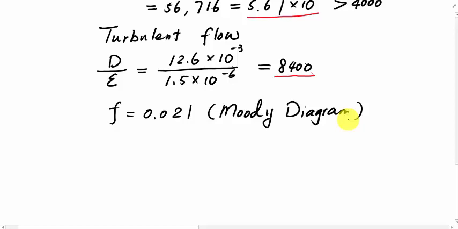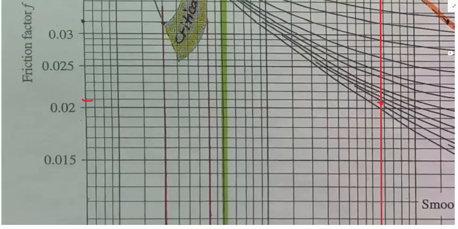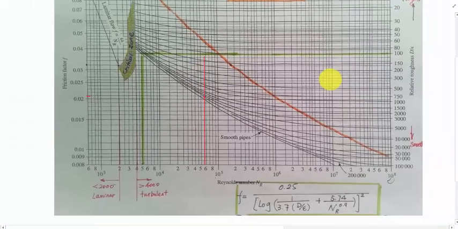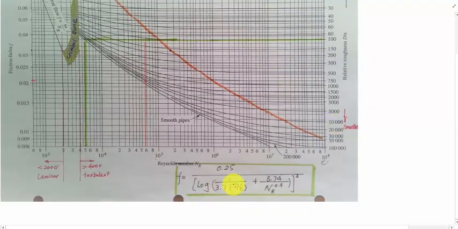Okay, so let's go back to this Moody diagram, and if you remember, we also introduced an equation to you like this. It's a big equation. I think we wrote it down for you last time. And if you remember, in this equation, there are some constraints to use it. We can use this for turbulent flow, but the condition is it has to have a D over epsilon number larger than 100, which is this line, and smaller than 10 to the 6, so it's on the bottom there.